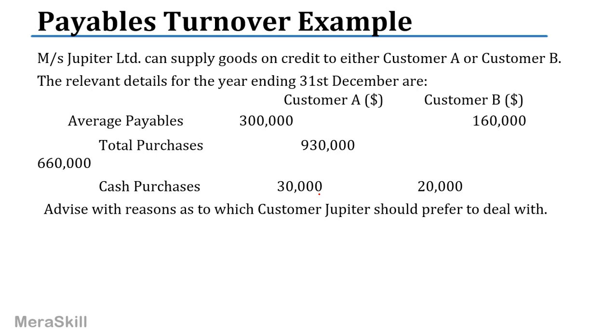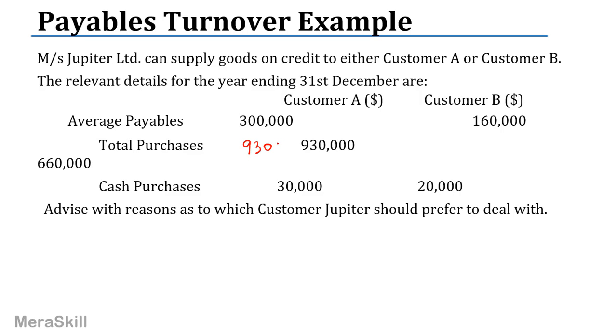Messrs. Jupiter can buy goods on credit from either supplier A or supplier B. The relevant details for the year ending 31st December are given to us. Average payables are 300,000 and 160,000. Purchases are 930,000 and 660,000. Cash purchases are 30,000 and 20,000.